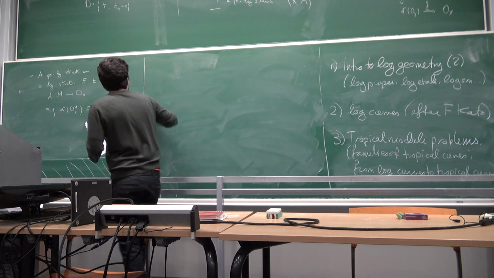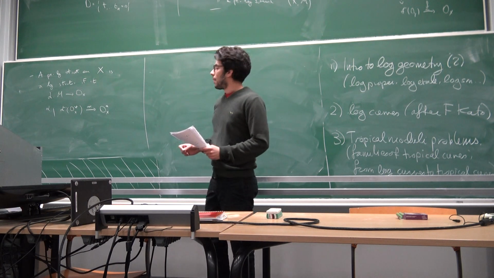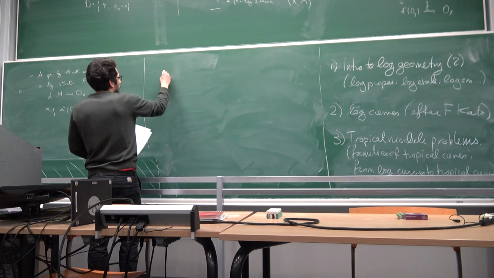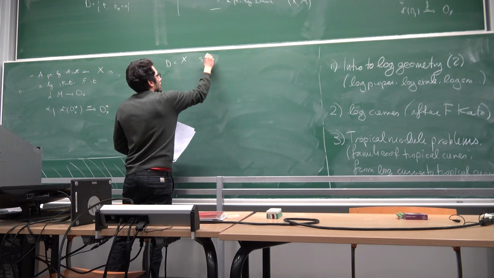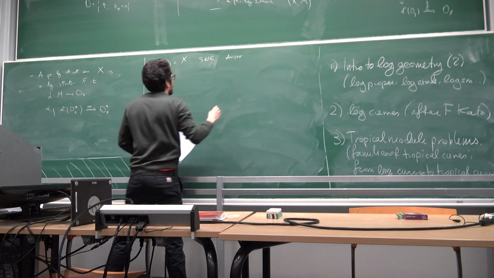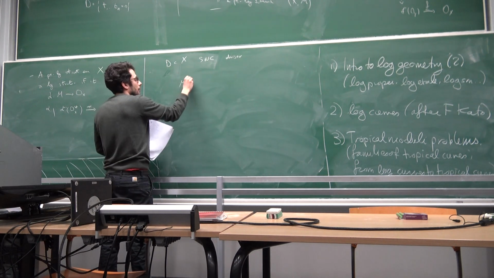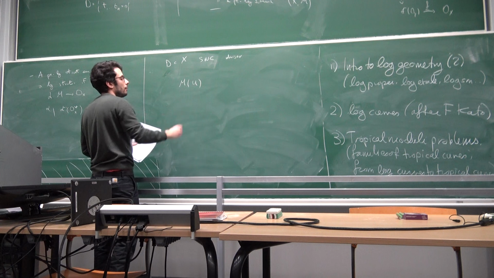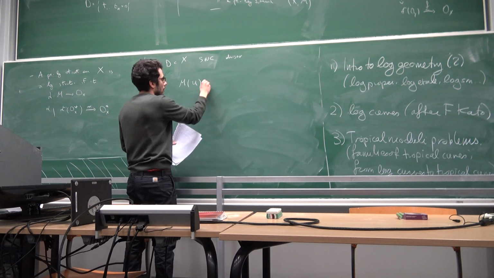And okay, let's see right away in that setting what is the canonical log structure that we put on our scheme X. So in the setting here, where we have this strict normal crossing divisor, we define the sheaf of monoids, on every open U, and it could be again either the étale or Zariski topology.